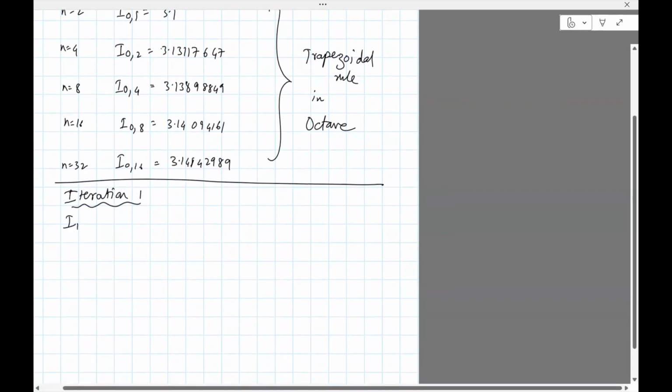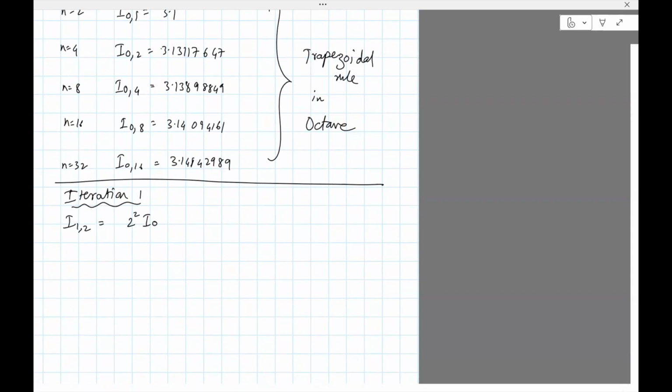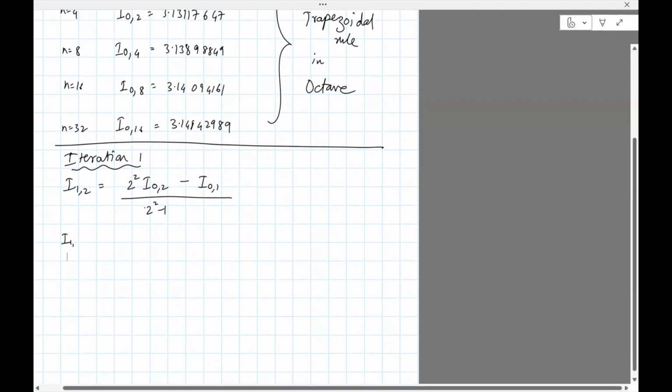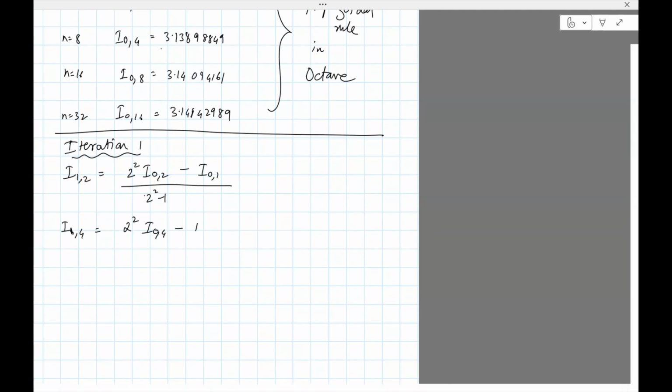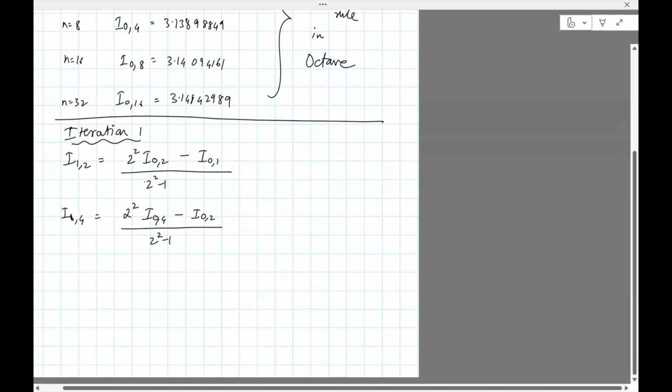So I1,2 is 2 square I0,2 minus I0,1 divided by 2 square minus 1. Then I1,4 will be 2 square I0,4 minus I0,2 divided by 2 square minus 1.